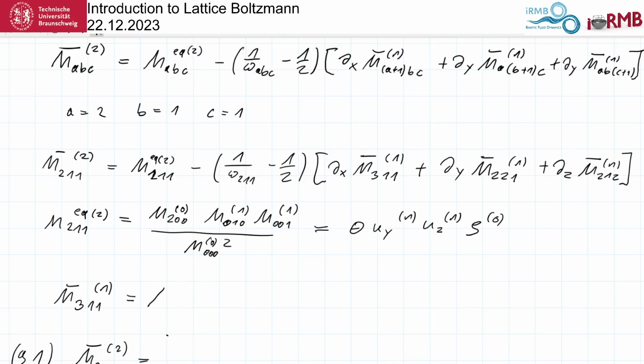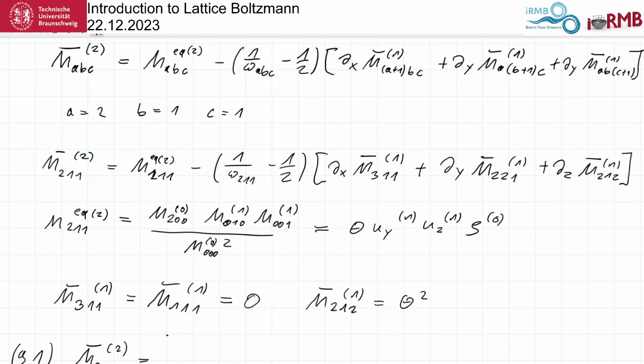So this is the same thing as M11 over bar 1. And the first order of this is 0. So to first order, third order moments and fifth order moments are the same as their equilibrium, so we can write this here.